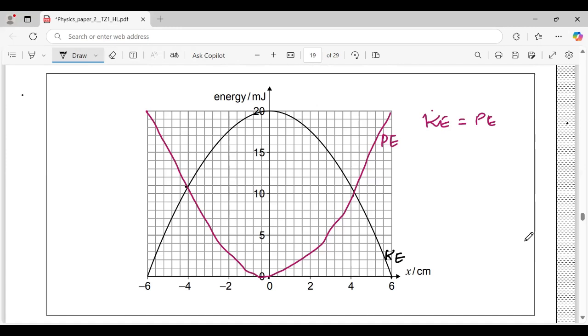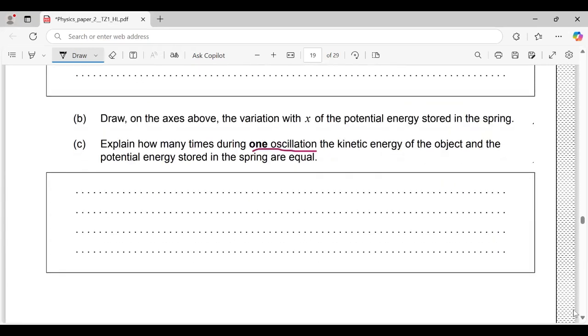It has 2 points. I'm going to write it here. Per half oscillation, it has 2 points.